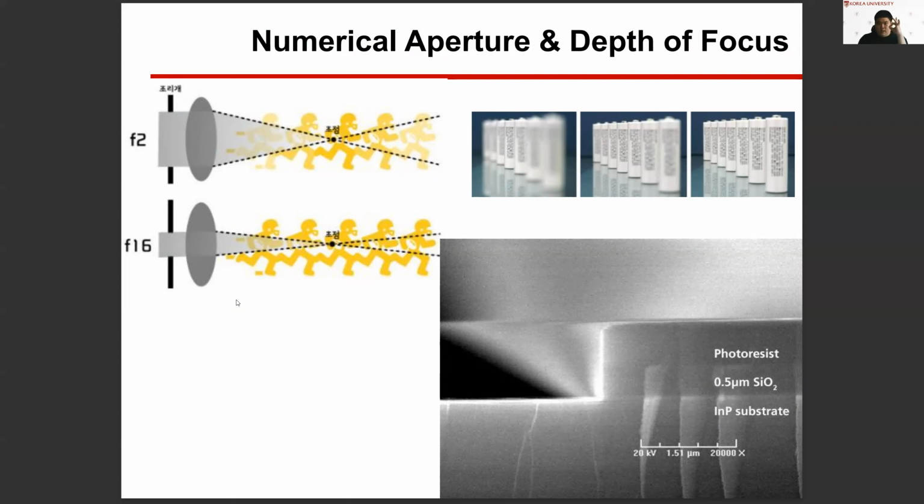However, because the angle is wider in the wider aperture, the depth of focus is smaller in the wider camera system.